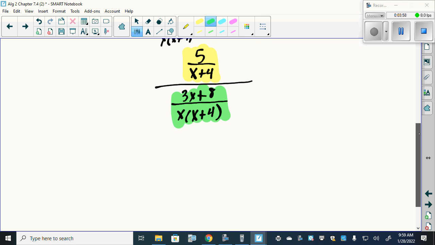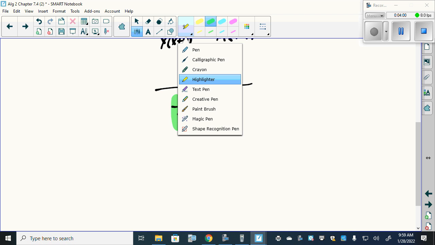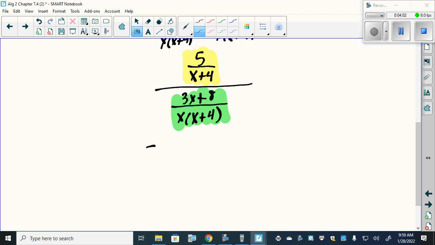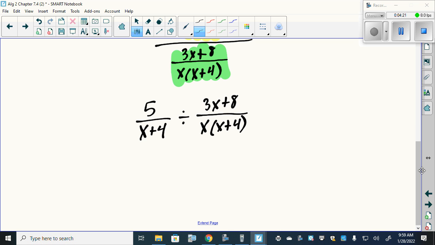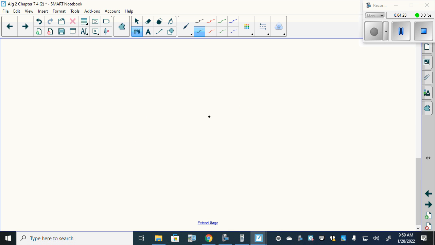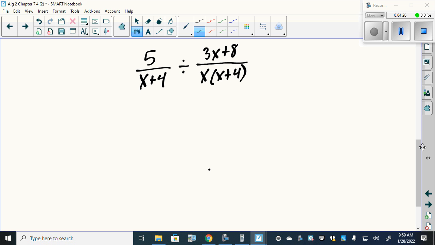So the way we can look at it now is that I have 5 over x plus 4 divided by 3x plus 8 over x times x plus 4. At which point, we can change it from division to multiplication and flip the second.